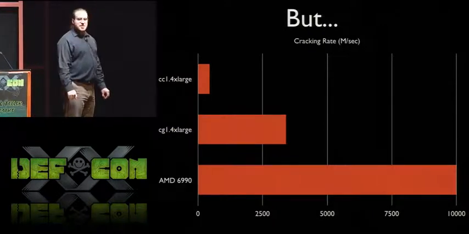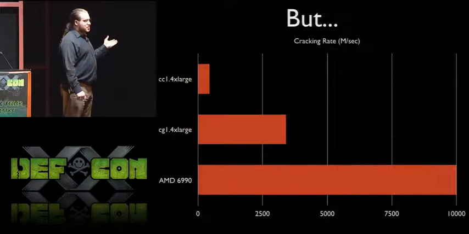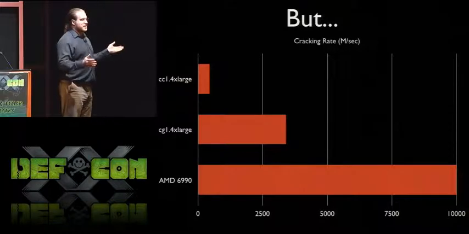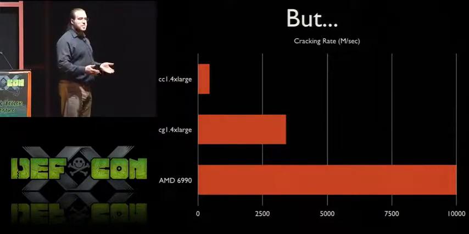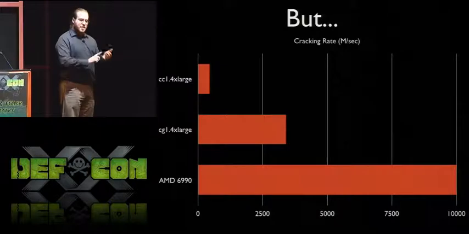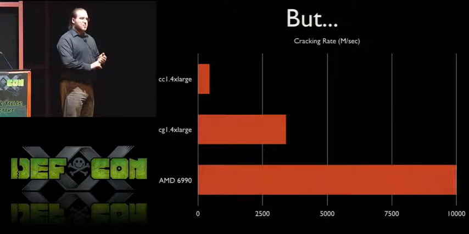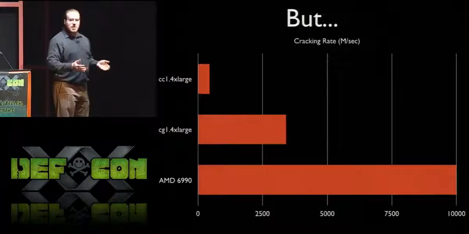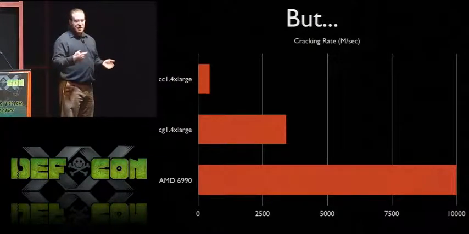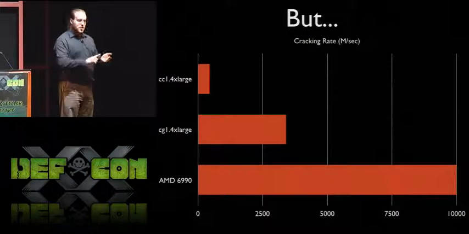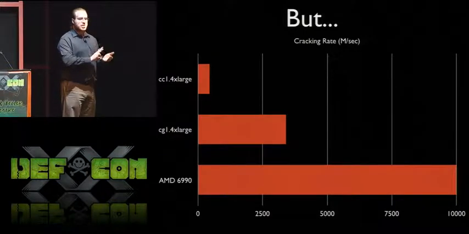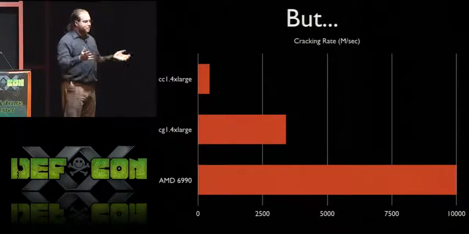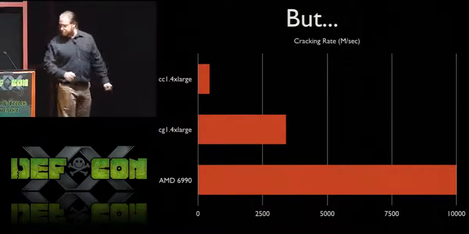So if you're building a system, use AMD cards, they're faster. It's not necessarily that NVIDIA cards are bad, it's just that the AMD cards have a hardware barrel rotator and a bit select operator, which can replace a lot of very complicated logical operations with one instruction. If you've ever looked at our current hash systems, MD5, SHA-1, etc., they're basically doing barrel rotates, logical operations, and additions. So that's why AMD cards are faster.